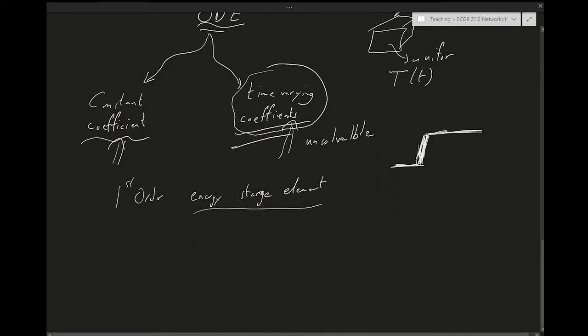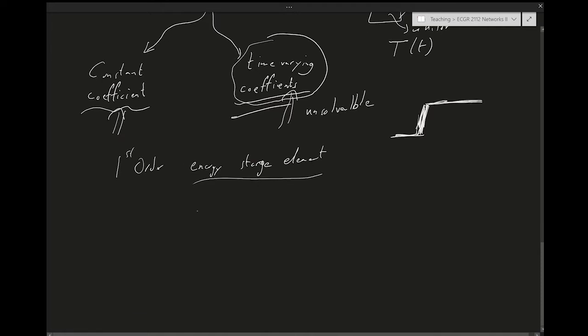From the last course, a prerequisite of this course, you know what the energy storage elements are. You know they are the inductor and the capacitor. The voltage current relationship for the inductor is VL, the voltage across the inductor, equals L dIL over dt. This is IL, this is a convention.